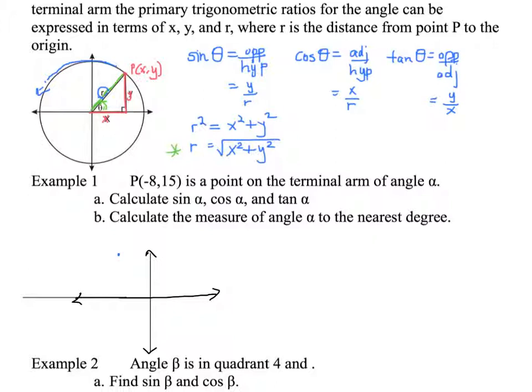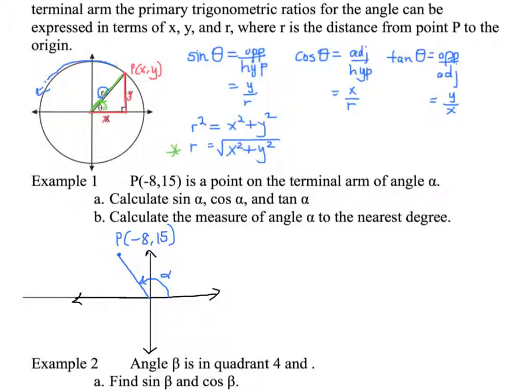So let's mark that off in quadrant 2. Point P is -8, 15. And so we'll draw the terminal arm for point P. So this is the angle that we're talking about here. This is angle alpha.